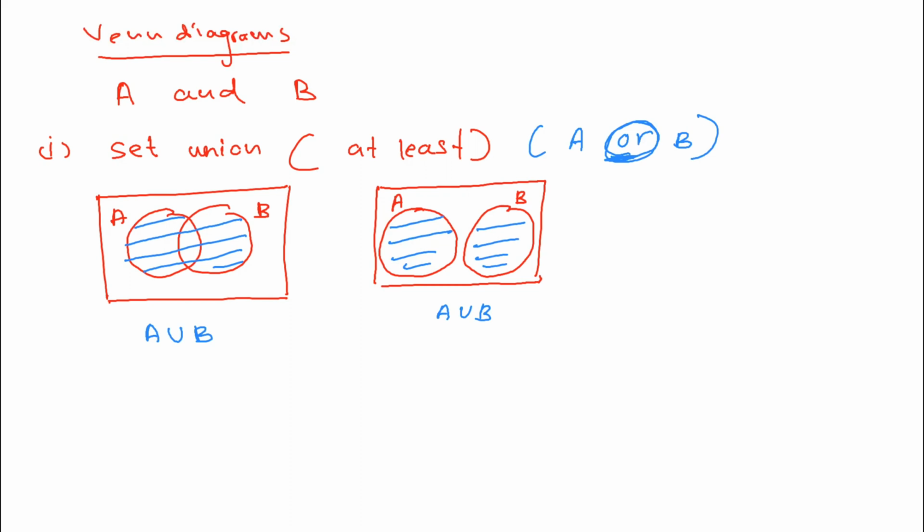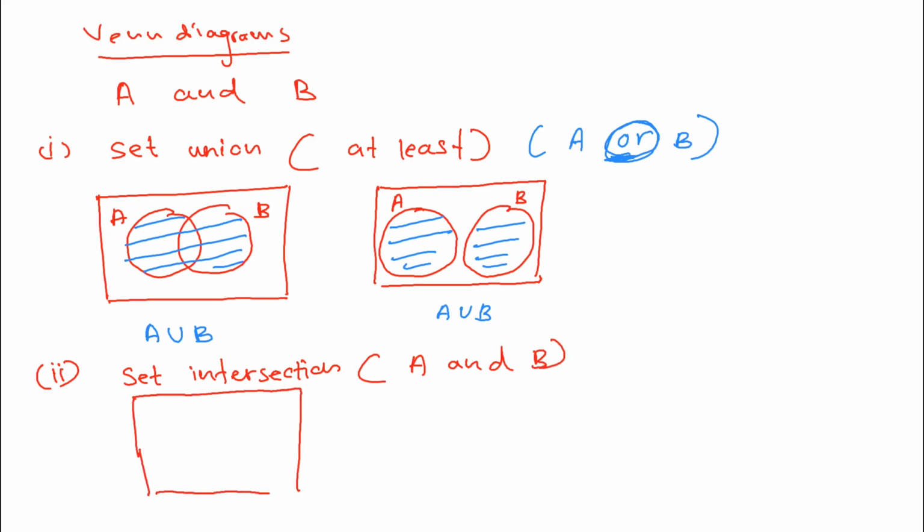And next we move to set intersection. This is the event which represents the simultaneous occurrence of A and B. Okay, A and B. So this one you can represent using a Venn diagram like this. You have events A and B. So intersection means this part.